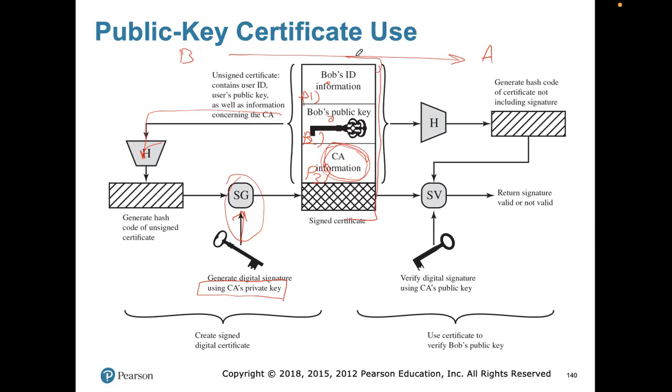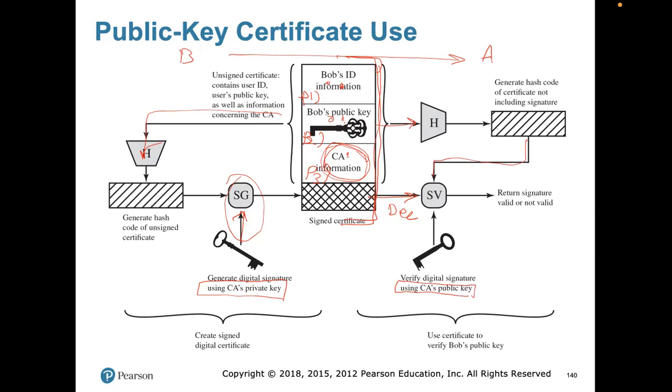Alice receives the whole package and starts double checking. These three portions are plain text. Alice again generates the hash function. This is the hash digest. The hash digest is now compared with the hash portion, which is decrypted using the CA's public key. I told you that everybody has the CA's public key.